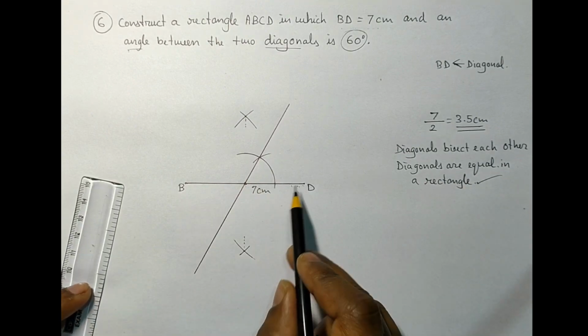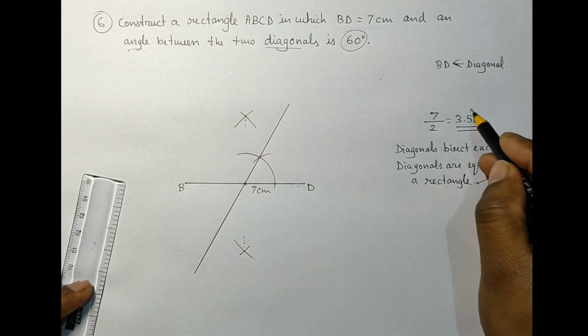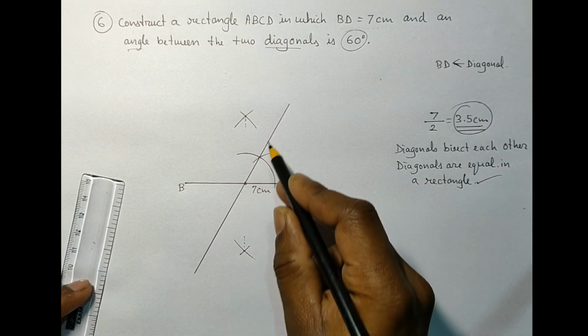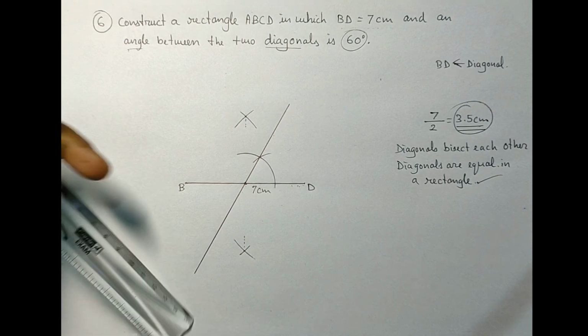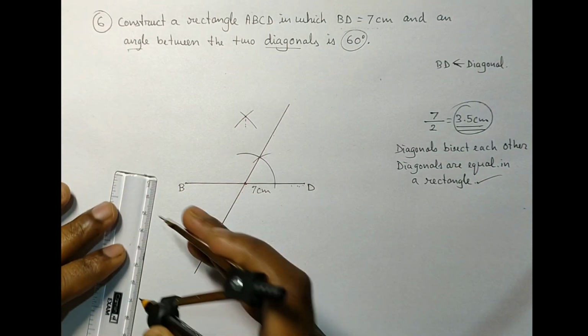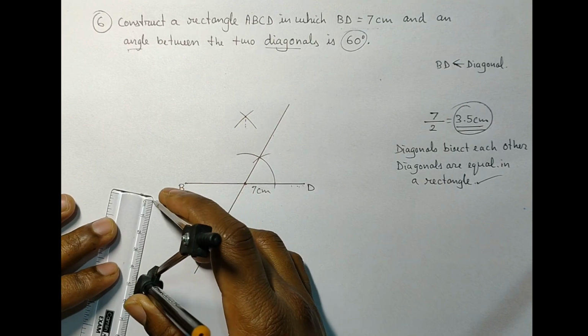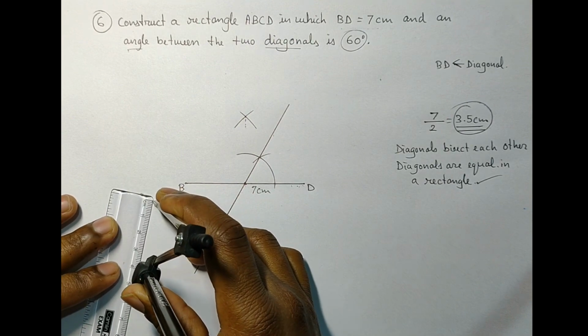So let's cut 3.5 centimeters from the center on that line. So let's take the radius of 3.5 centimeters on the ruler.